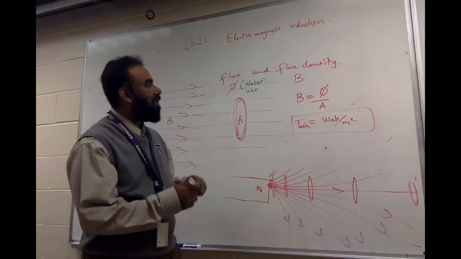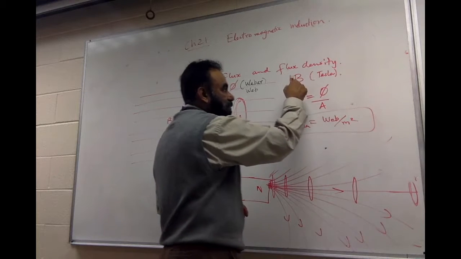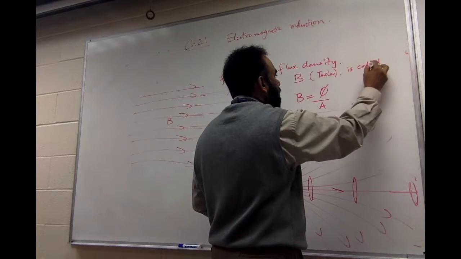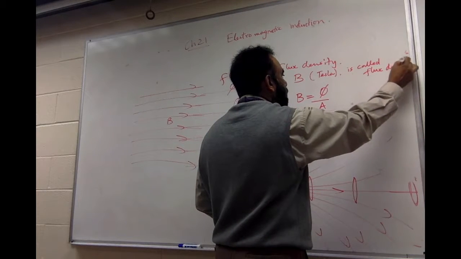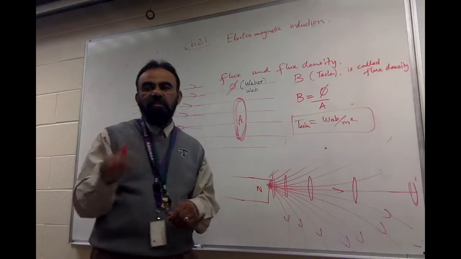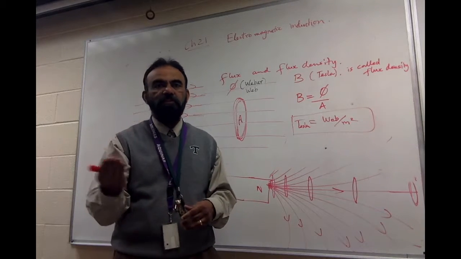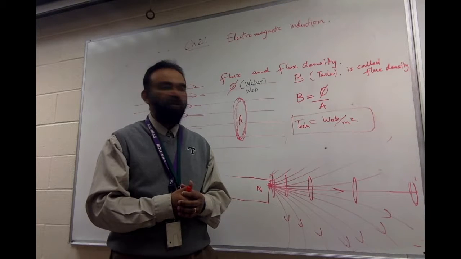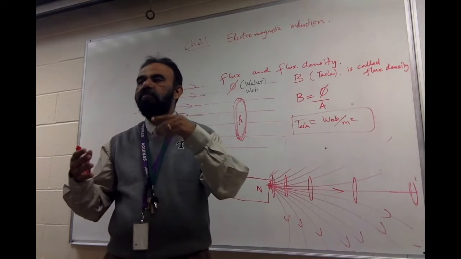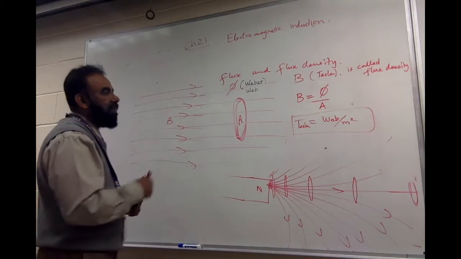So the B, the unit is Tesla, and sometimes this B is called flux density. So you'll see in some problems, they'll say the flux density is so much. It's basically telling you the B. Or even in the explanation, it will say the flux density here is higher than the flux density there. So it is basically telling you the magnetic field strength is more.